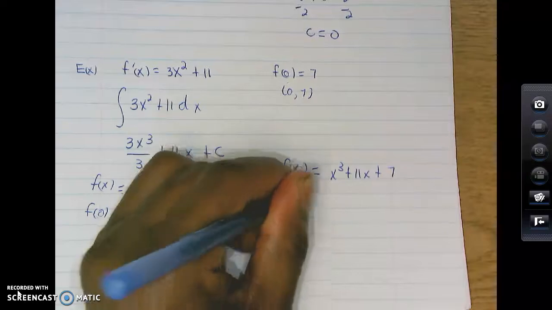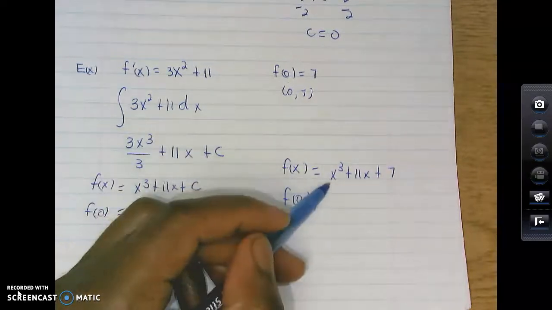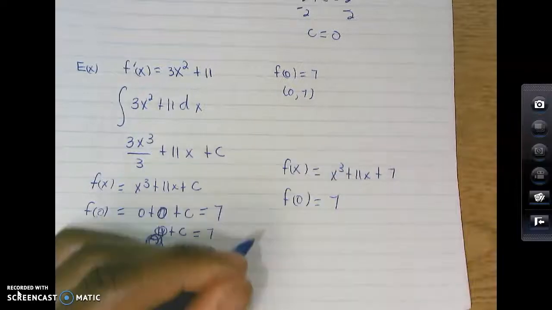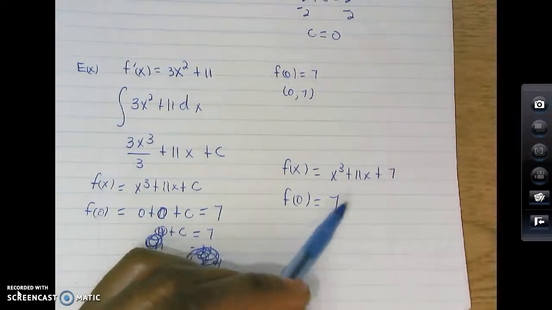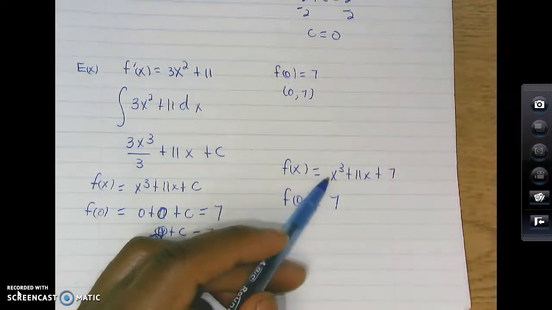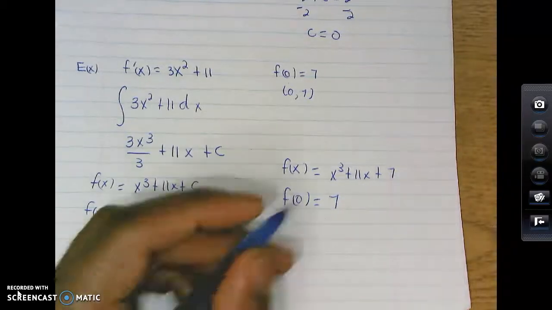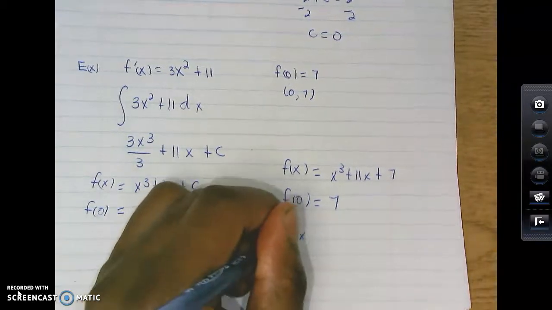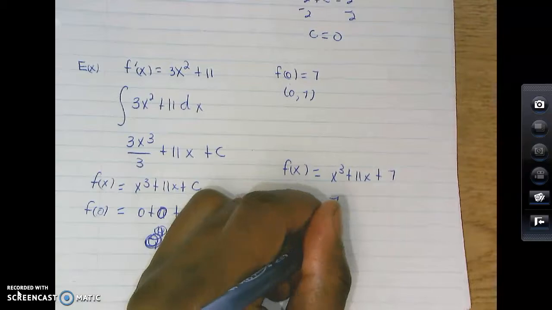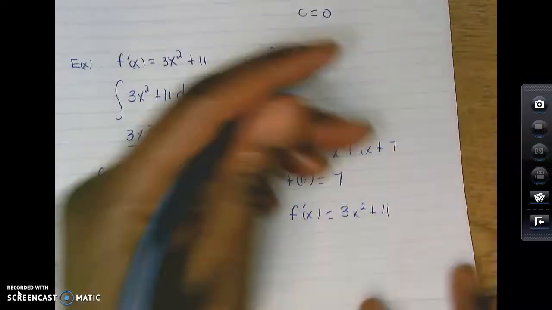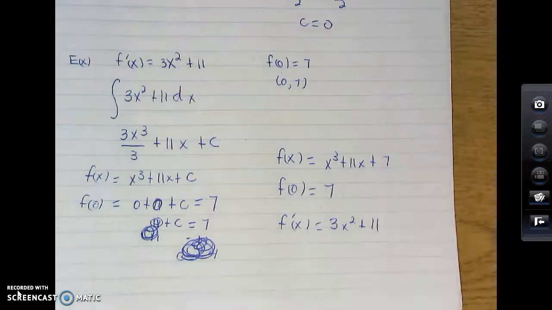I'm going to plug in 0, and everywhere I see an x, I'm going to put a 0. So f of 0 is equal to 7, because 0 cubed is 0, 11 times 0 is 0, plus 7. So that works. Now let's take the derivative, f prime of x, and that's going to be what? 3x squared plus 11. So this is the verification.